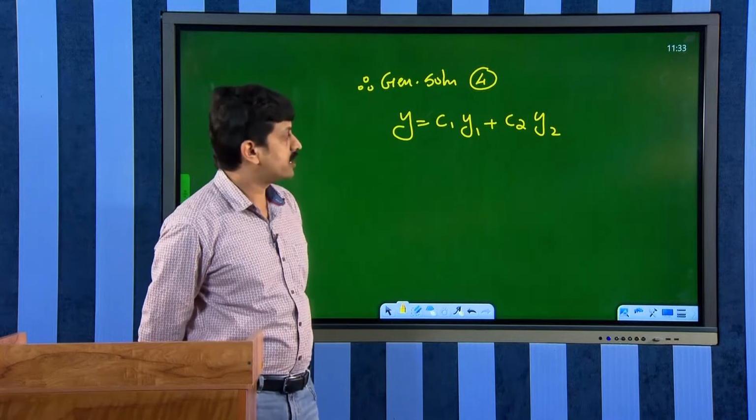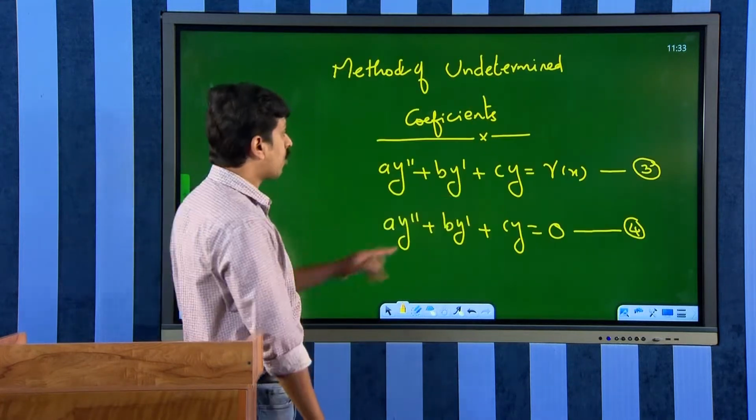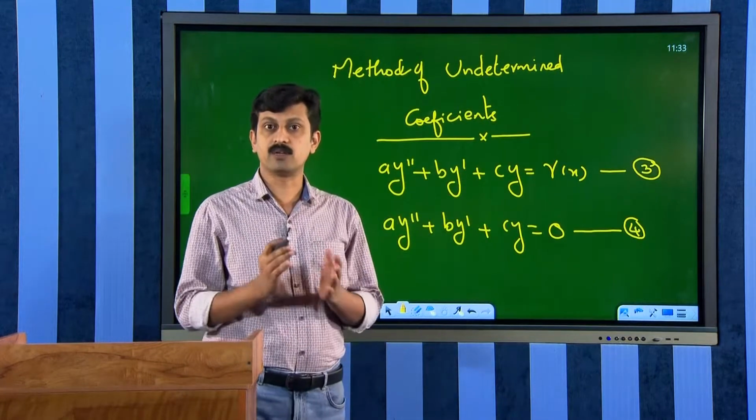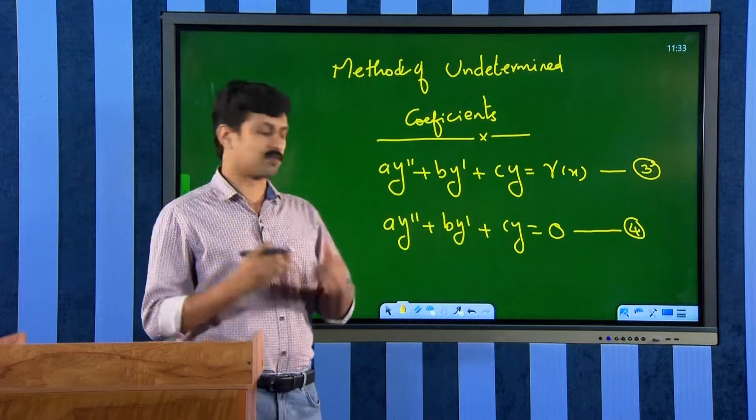But the general solution of equation 3, the non-homogeneous part, is what we discussed before, yh plus yp.